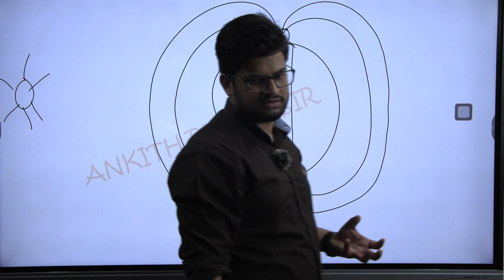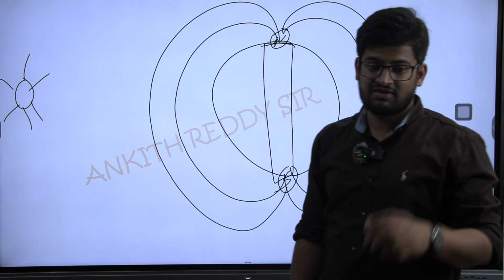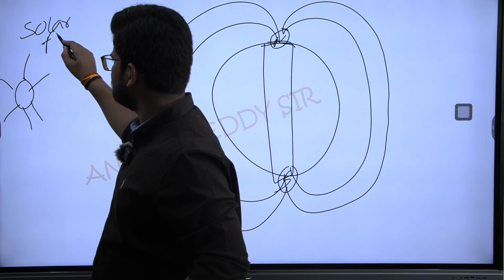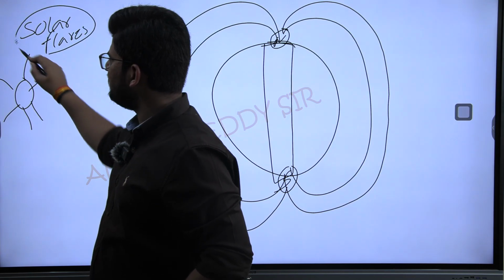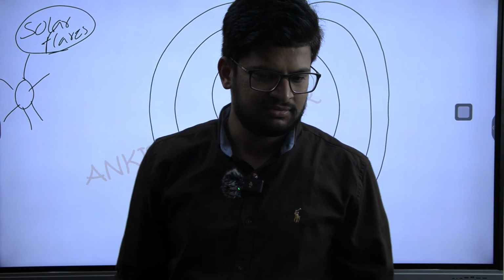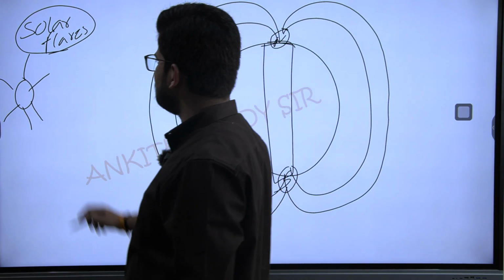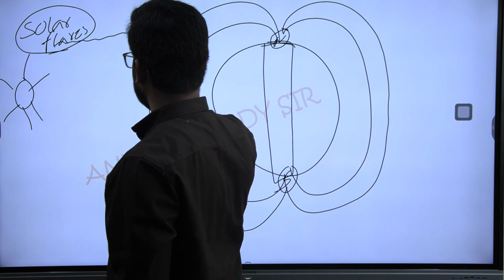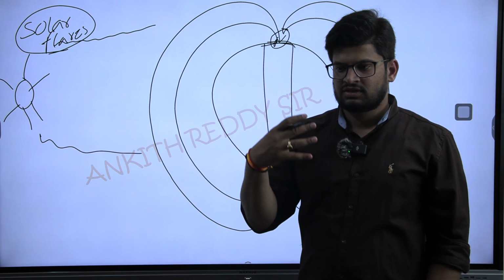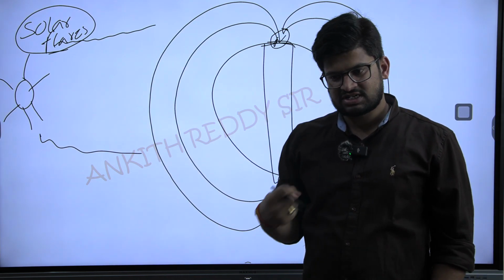From the sun, sometimes solar flares come. These are high intensity solar winds. In general, Earth's magnetic field protects us from the solar flares.